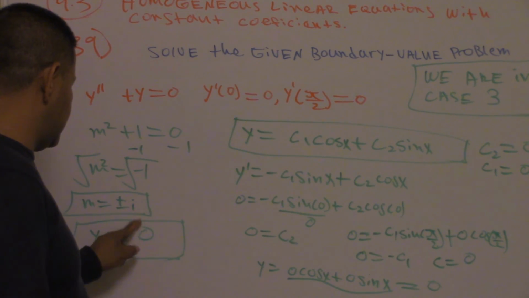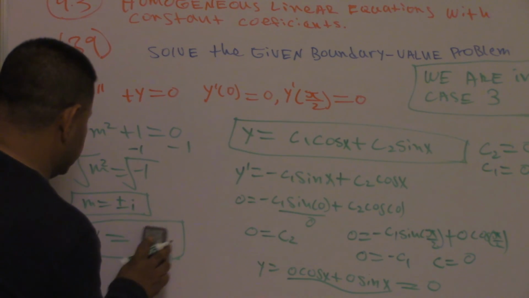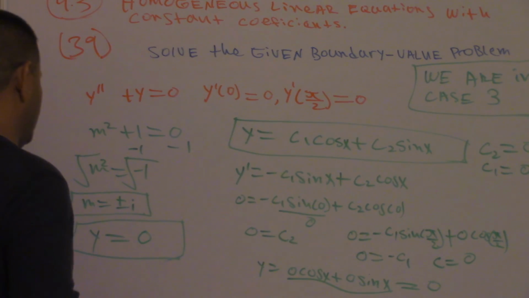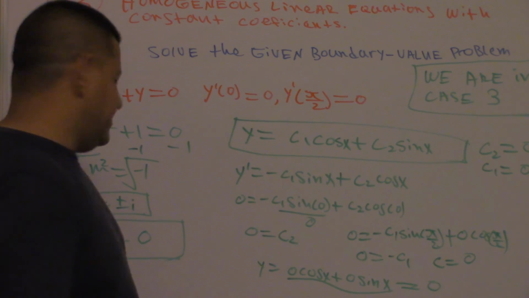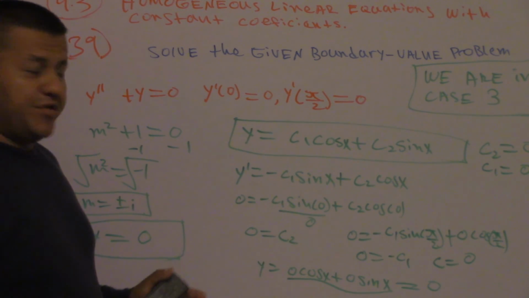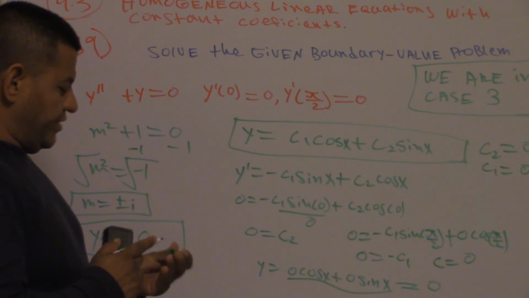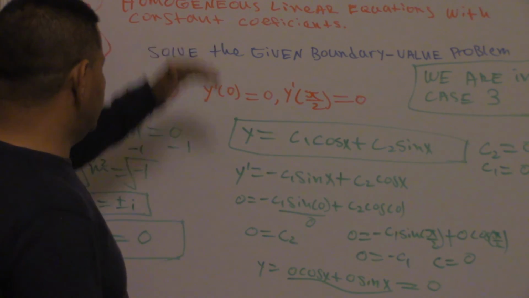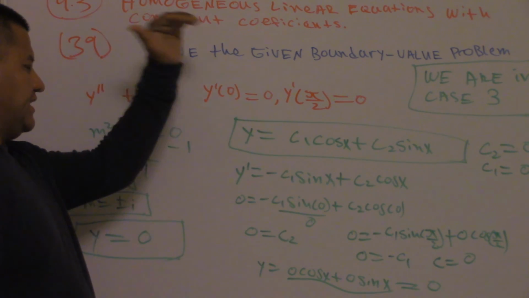In this case, and this is a special case, I would say, because we had a solution that came out to be 0. But that's how you do these problems. Notice that we identify the cases.